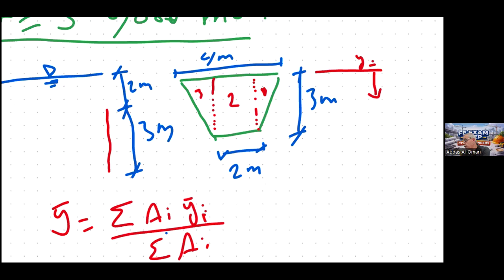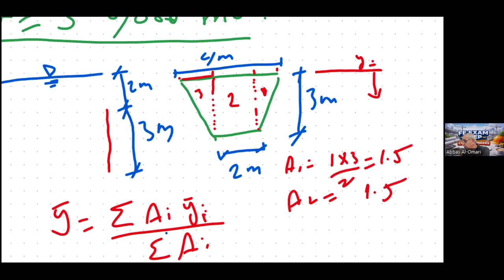So A1, this is 4, this is 2, so this distance is 1, and this distance is 1. So it's 1 by 3 divided by 2, which equals 1.5. So A3 also equals 1.5 meters square.